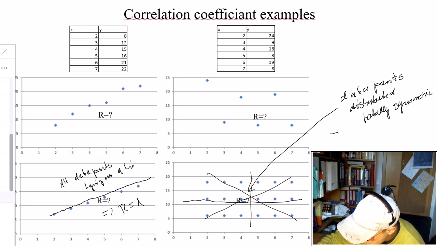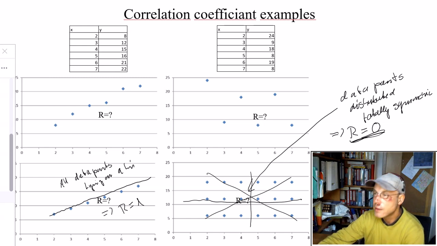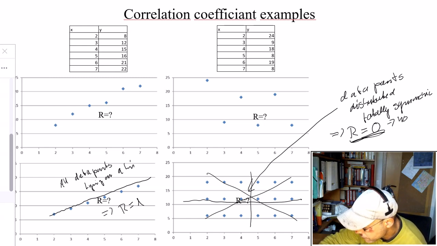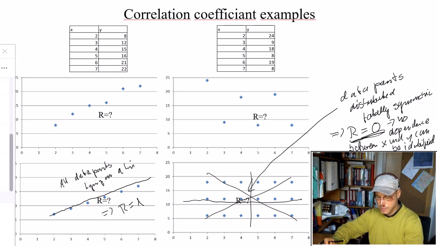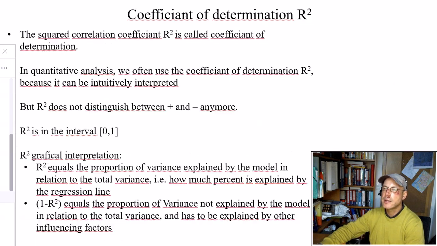So then, of course, we would have a correlation coefficient of 0, no dependence between x and y can be identified.